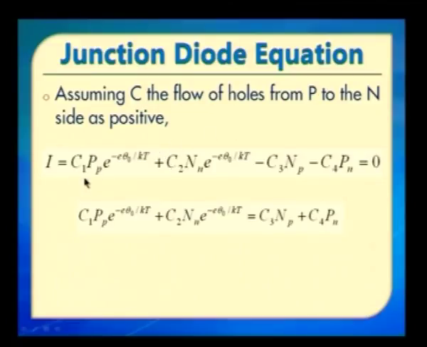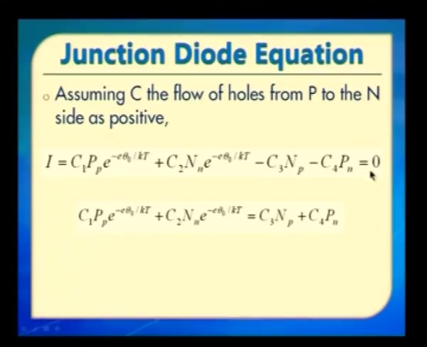So, I will be equal to C1 times p_p e to the power minus e theta naught by kT, plus C2 times n_n e to the power minus e theta naught by kT, minus C3 times n_p, minus C4 times p_n. That is equal to 0, because I am not biased. Mathematically speaking, the total current flowing across the PN junction will be equal to 0.